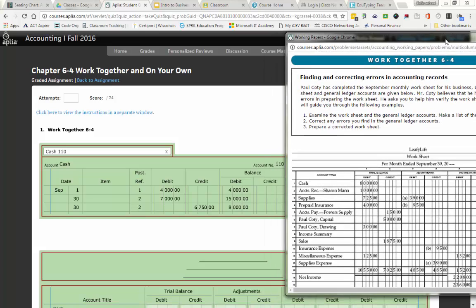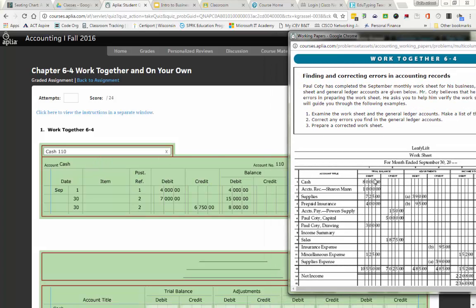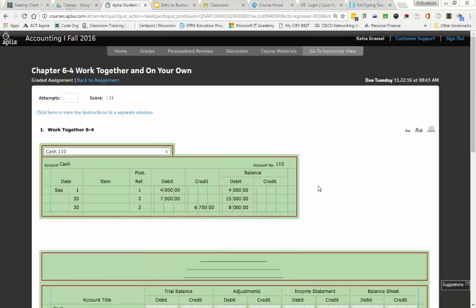So we can see right here, he has cash as a debit of $8,000. But let's look at this. Is that math correct? We have a little bit of a math issue going on here for our cash. So on the top, this is where they got the numbers from, but obviously there's a mistake.